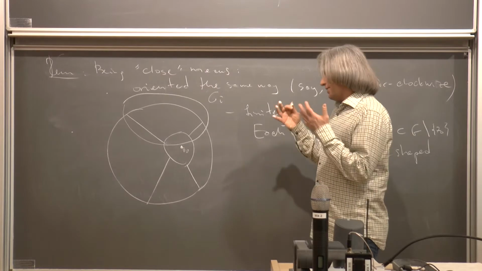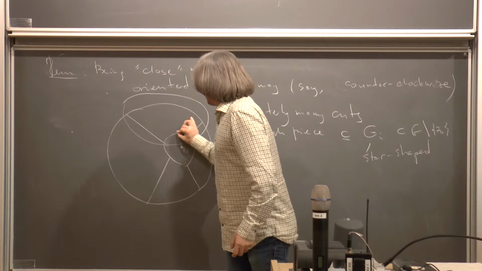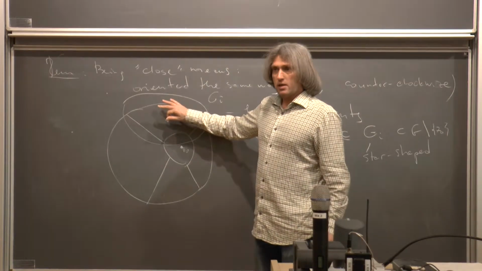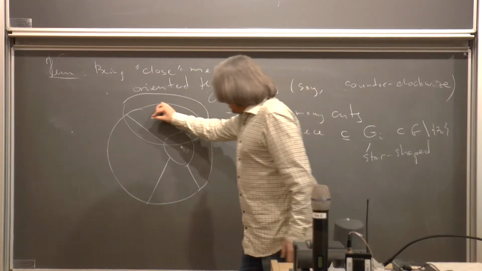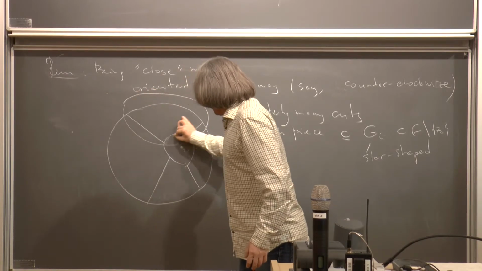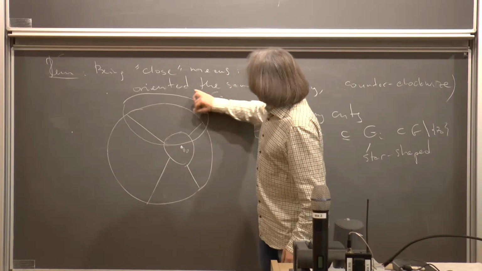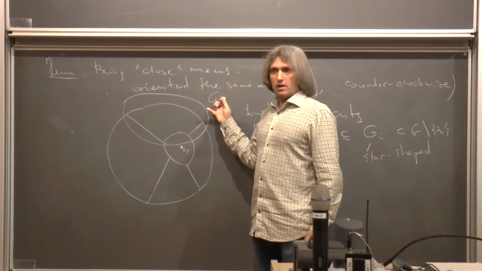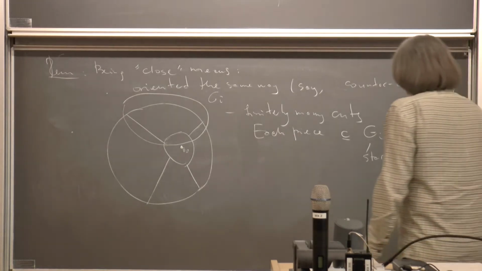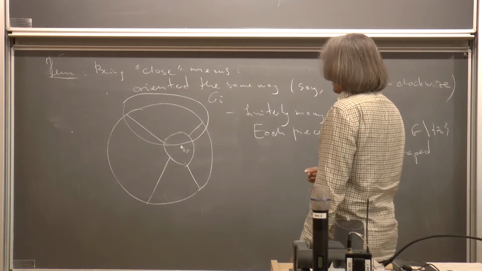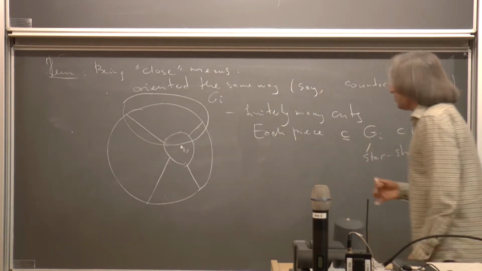So the condition is technical in the sense that I chose it exactly in such a way that f would be holomorphic inside the area Gi, the domain Gi would be star-shaped, and the closed curve obtained like this would be a closed curve inside a star-shaped domain. So it's a technical condition. It's more obvious when you draw it than when you explain it in words.